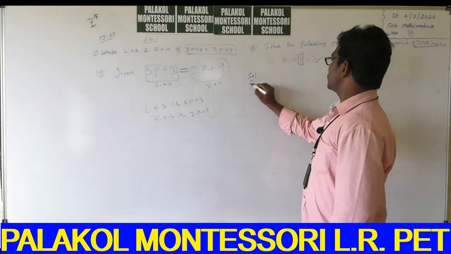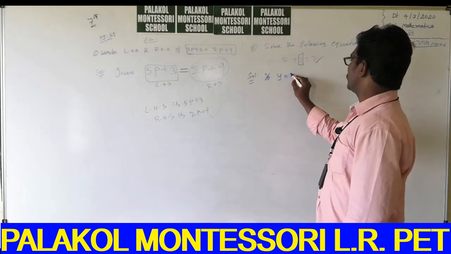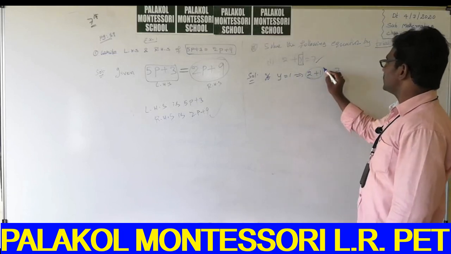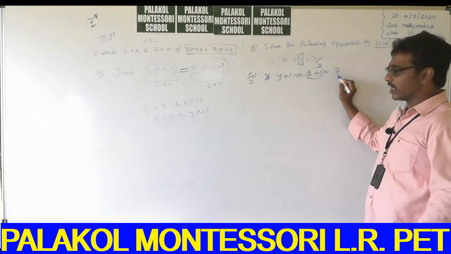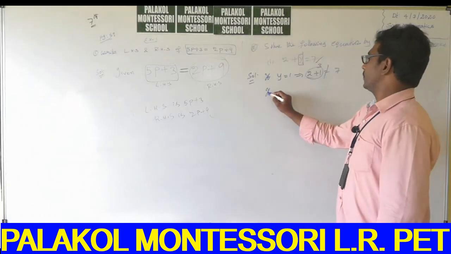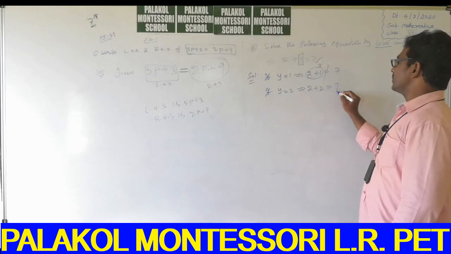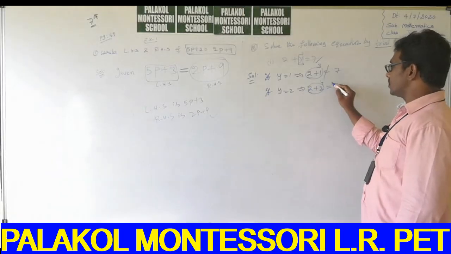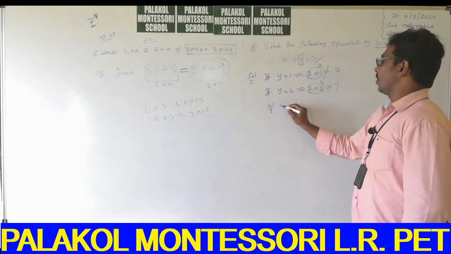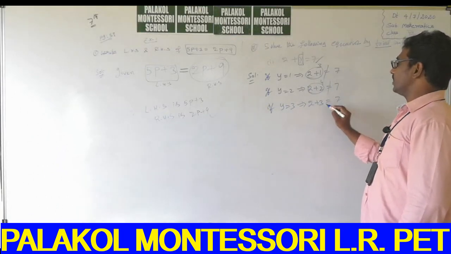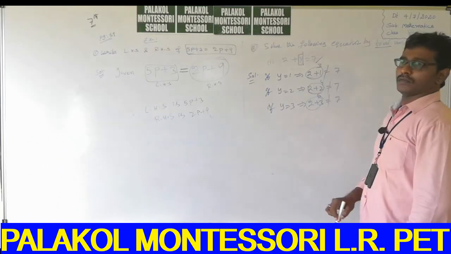Simply, if y is equal to 1, 2 plus 1 is 3, 3 is equal to 7? True or false? False. If y is equal to 2, 2 plus 2 is 4, not equal to 7. If y is equal to 3, 2 plus 3 is 5, it's not equal.